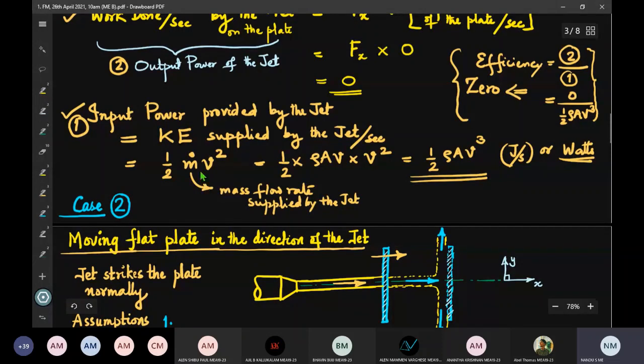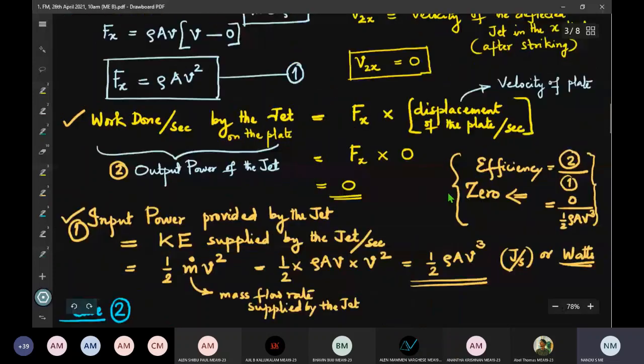Here, the mass flow rate striking the plate as well as supplied by the jet is rho a v. So half rho a v into v square, so it is half rho a v cube. This half rho a v cube is the kinetic energy supplied by the jet per second.